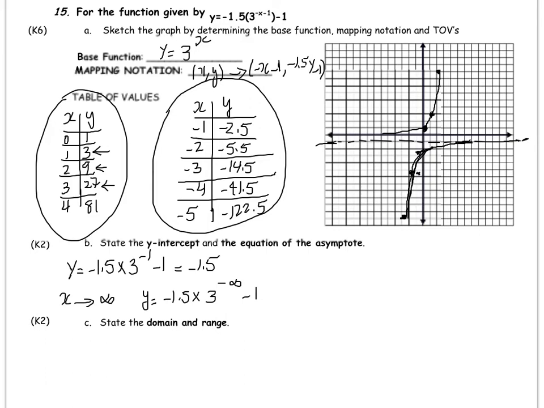And this one becomes negative 1. So we can say the horizontal asymptote is y equal negative 1.